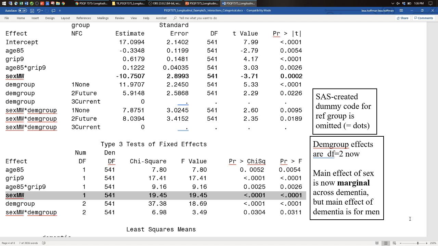Yeah, nobody. The average of somebody who doesn't have dementia, will have dementia, and already has it. And this is what it gives you by default. Tell me how that's helpful. What kind of person am I going to generalize that to?